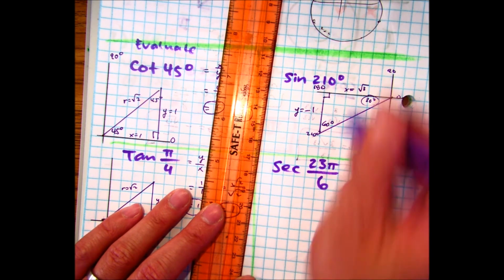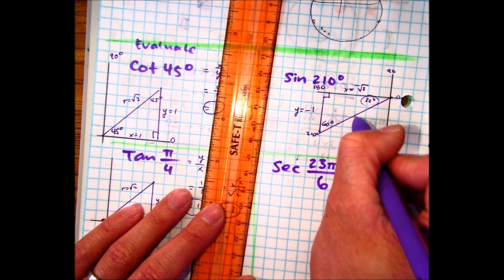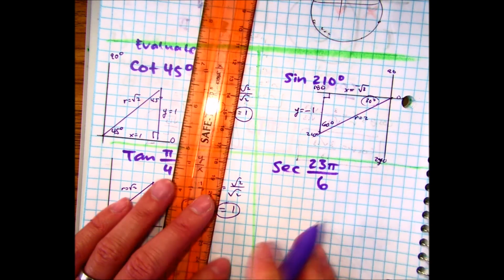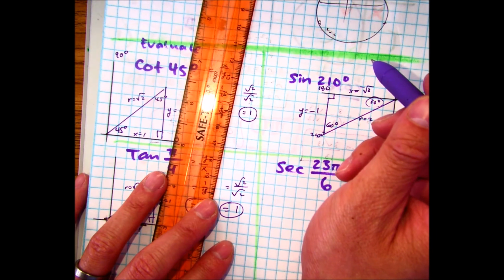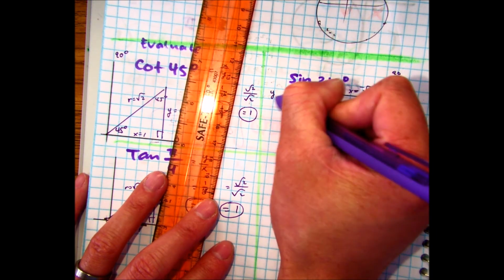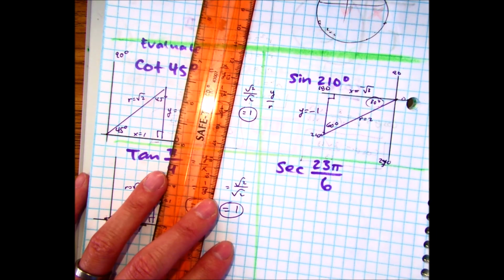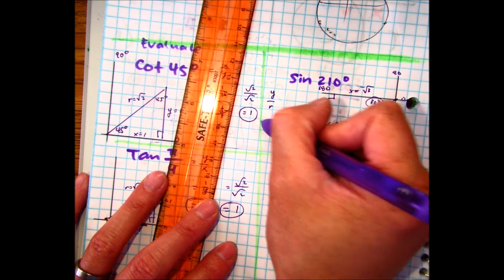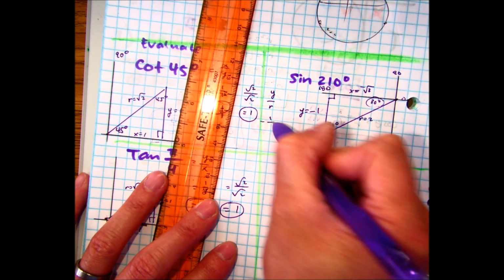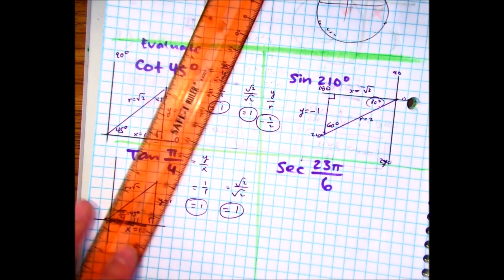Positive or negative? Negative. And then our radius is 2. So sine is which 2 letters? Y over r. And y over r is just negative 1 over 2. Raise your hand if you got negative 1/2.